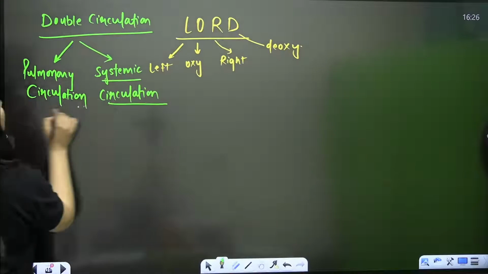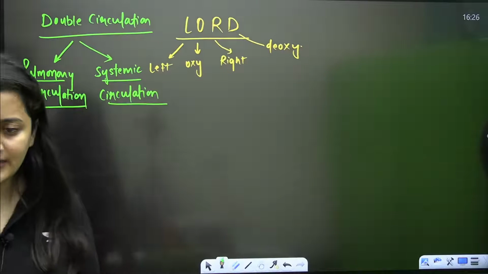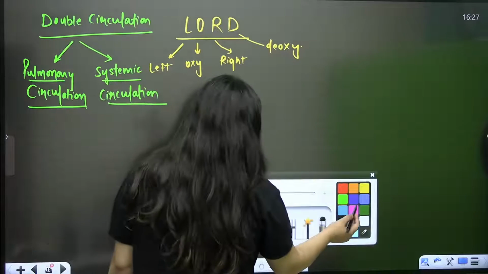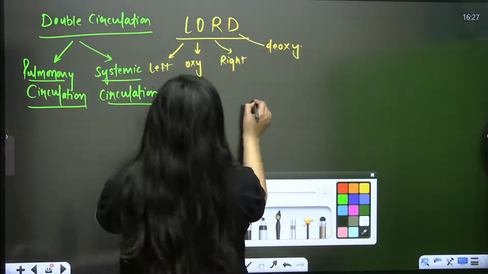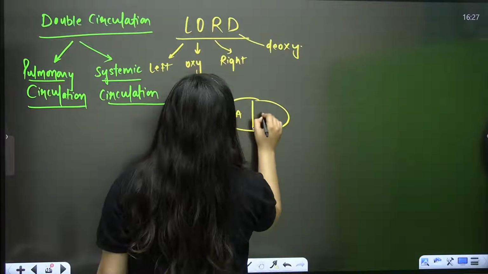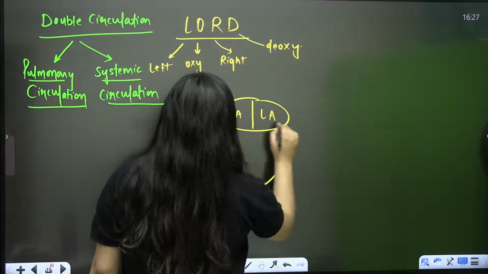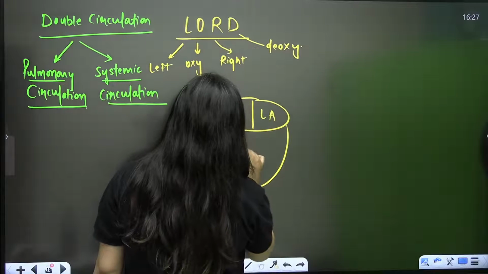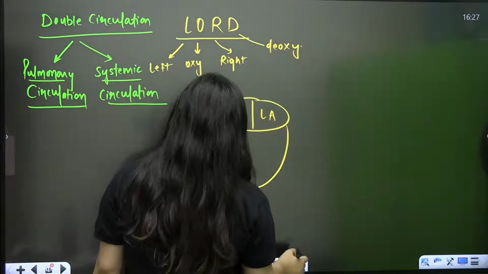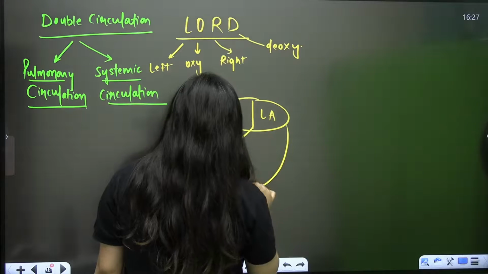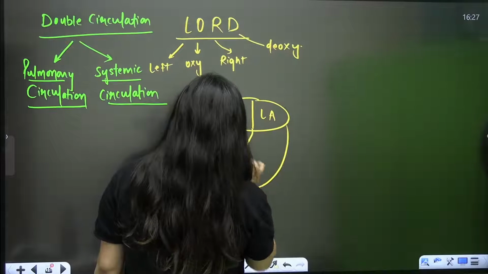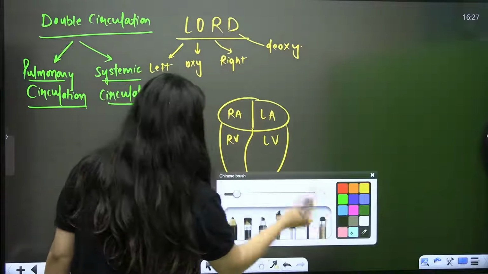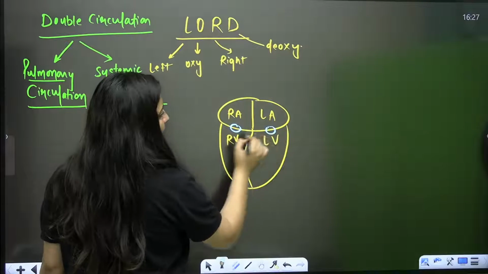Clear, bache? Now, see, right auricle, left auricle, right ventricle, and the left ventricle. That's the story. So here again I'm repeating, tricuspid valve, bicuspid valve.